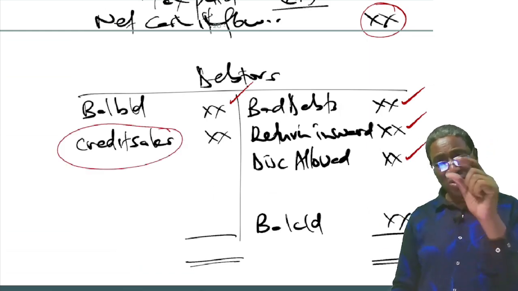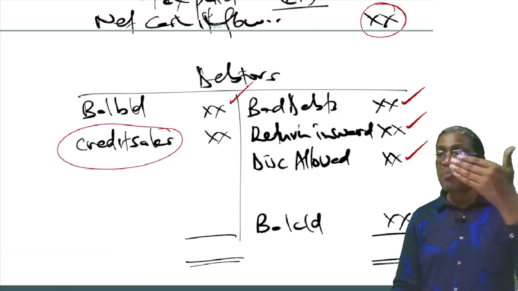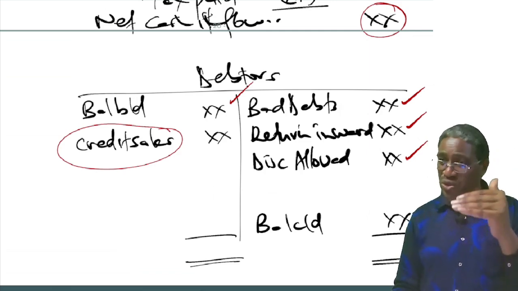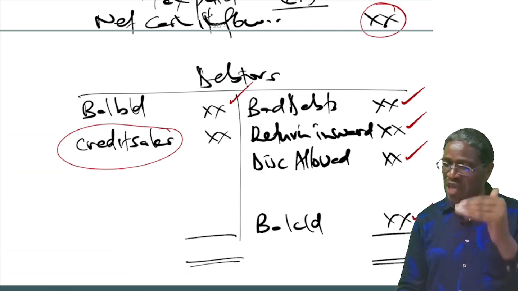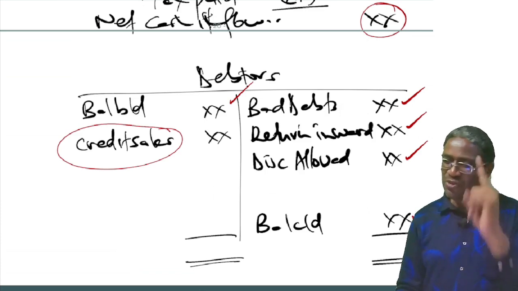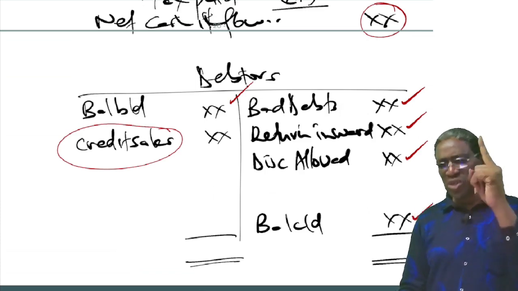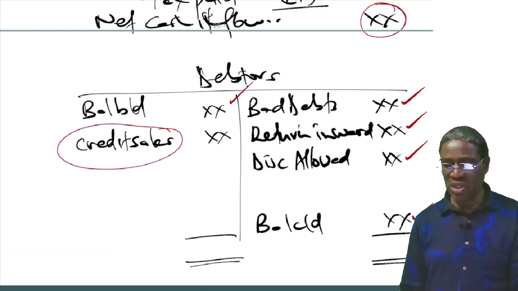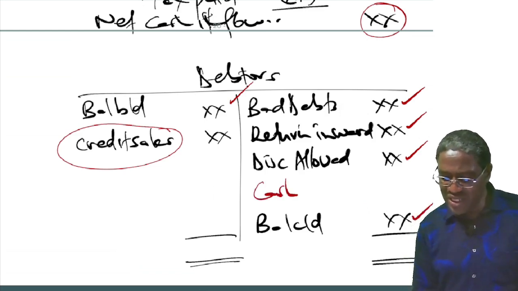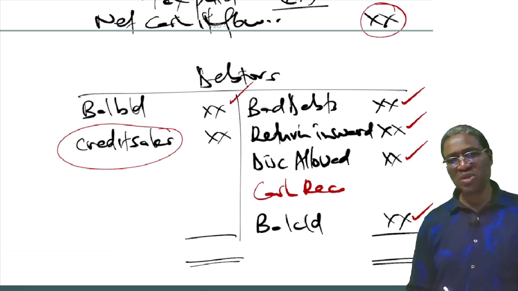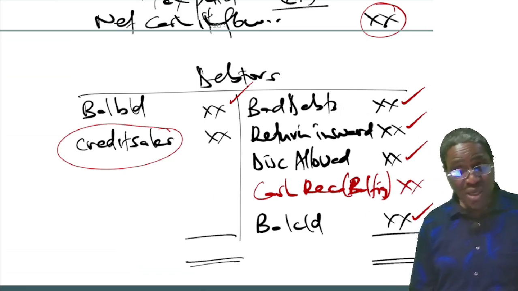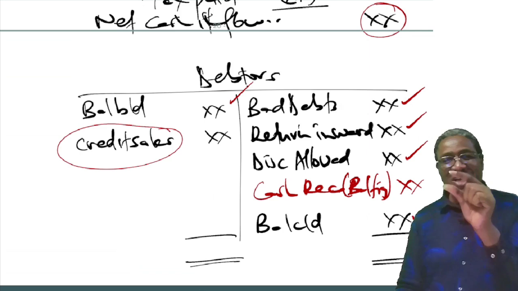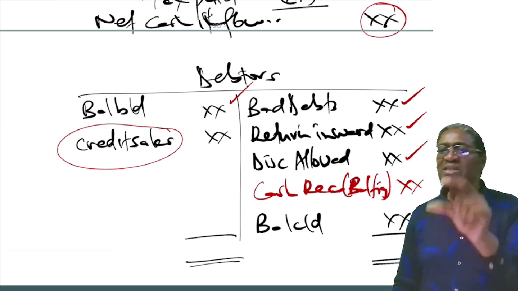Now, if we use credit sales for cash flow questions, then whatever we shall be getting here as cash received, the balancing figure, will represent the cash that you received from only credit sales.